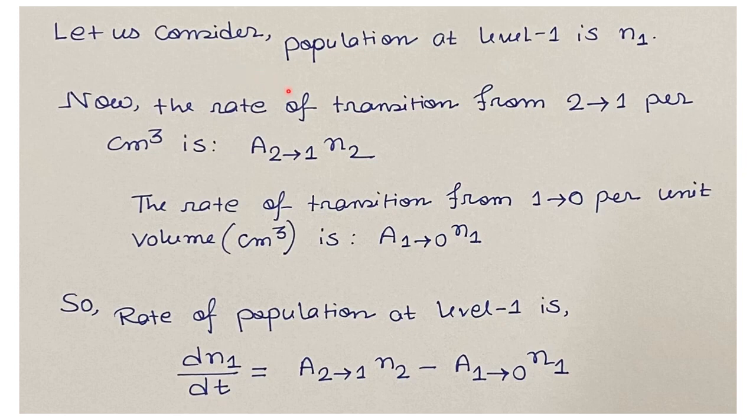Now let us consider the population at energy level 1 is N1. The rate of transition from the energy level 2 to energy level 1 per centimeter cube is A21 times N2. The rate of transition from the energy level 1 to energy level 0 per unit volume, that is centimeter cube, is A10 times N1. The rate of change of population at the energy level 1 is then given by dN1/dt equals A21 times N2 minus A10 times N1.